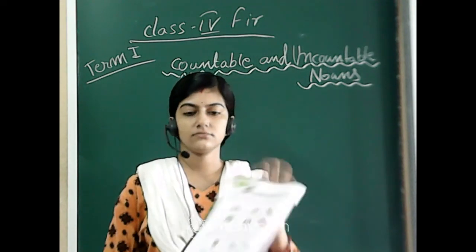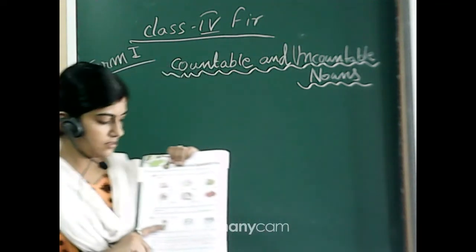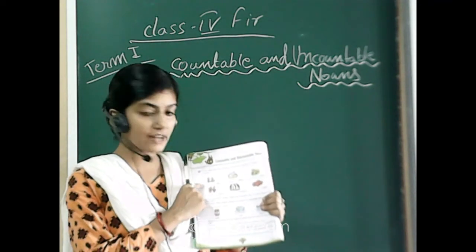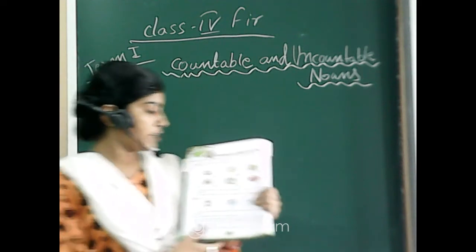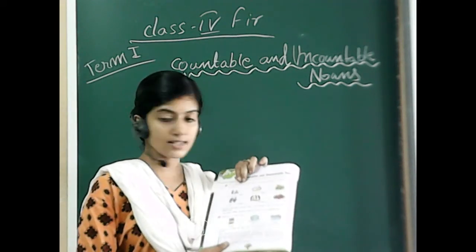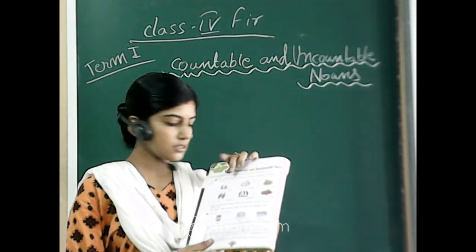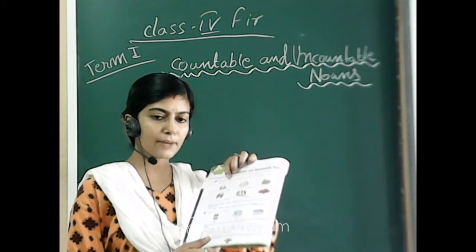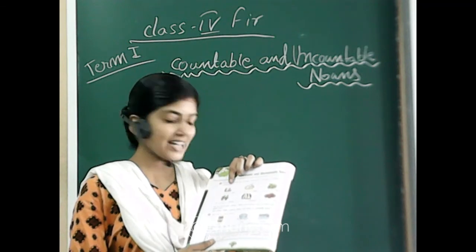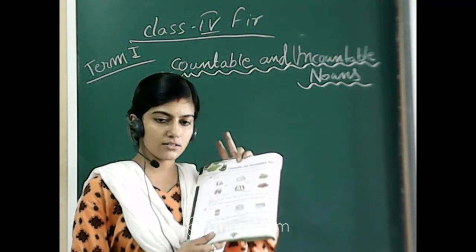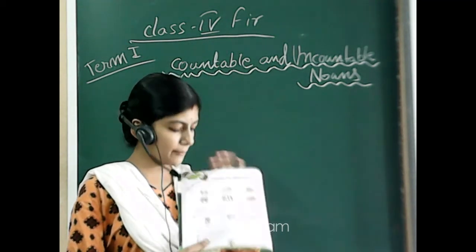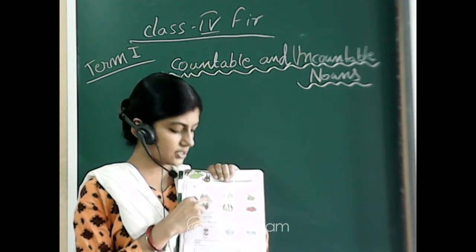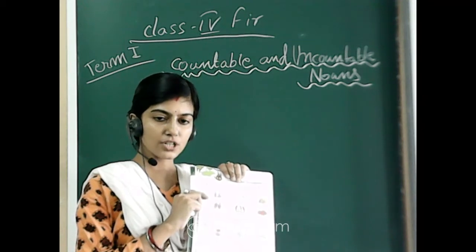Number 1, you can see here two girls standing. You can easily count the number of girls. There are two girls, so write down 2. Two girls, so we can call it a countable noun.